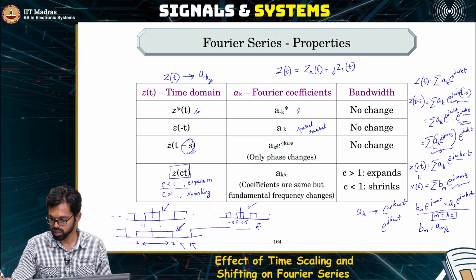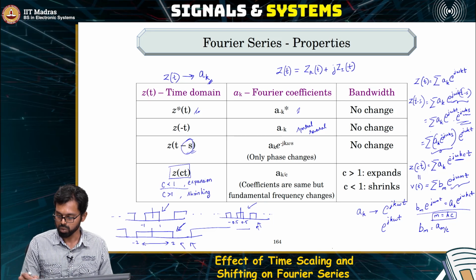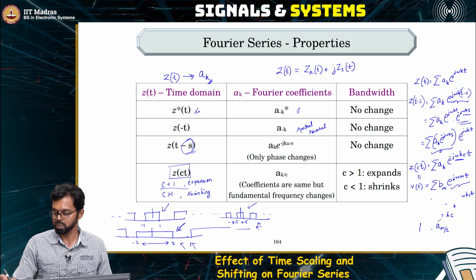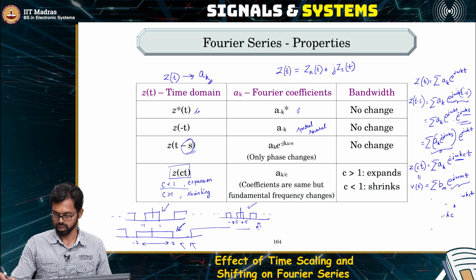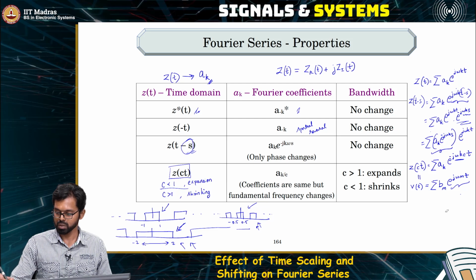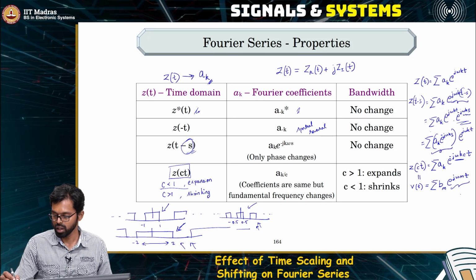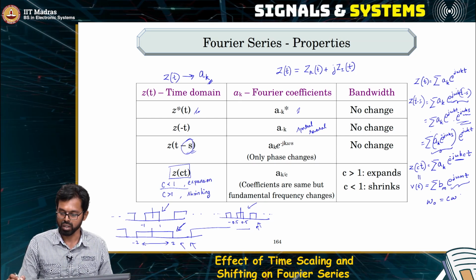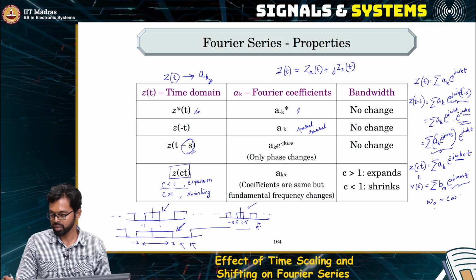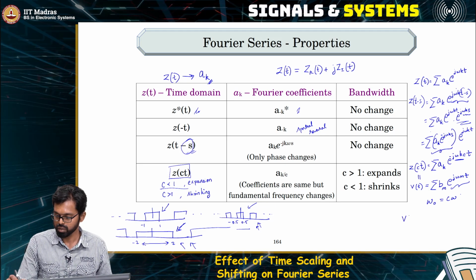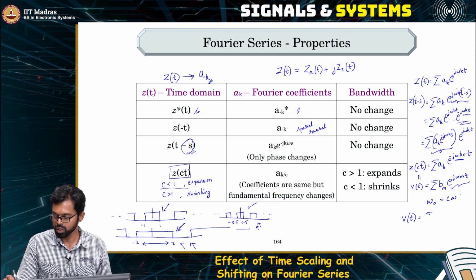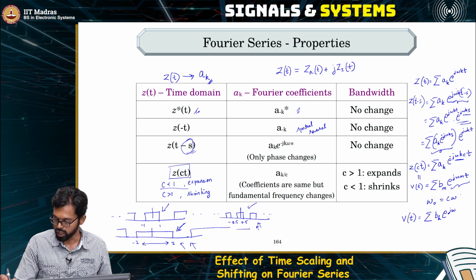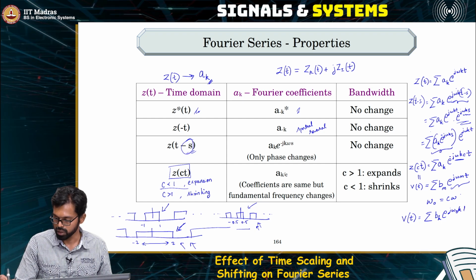Whatever is omega here, you can now redo this analysis by saying that I am going to decompose the signal with a different fundamental frequency. Earlier I decomposed the signal with fundamental frequency omega. Now I am going to call some other ω_0 as c times omega. Given that our new fundamental frequency is ω_0, let us say we decompose this signal in terms of the new fundamental frequency as b_k e^(jω_0kt).